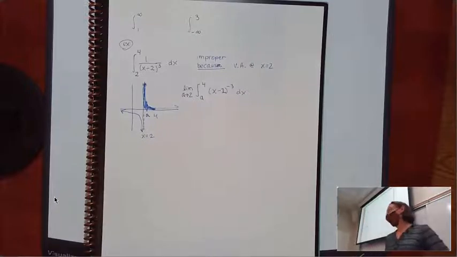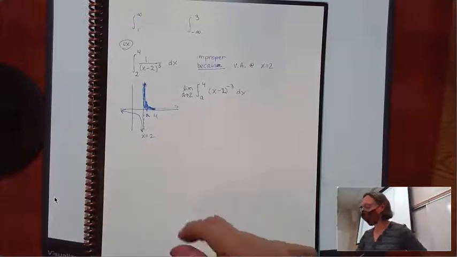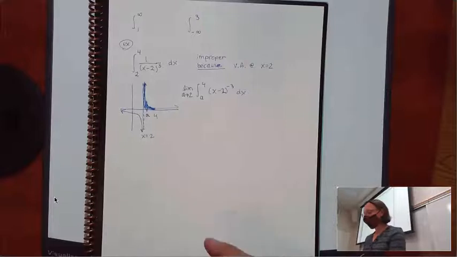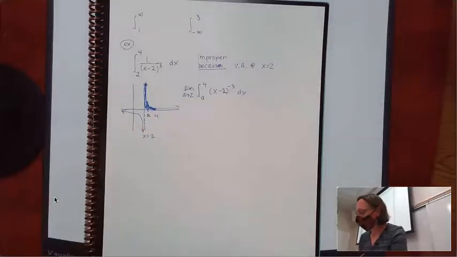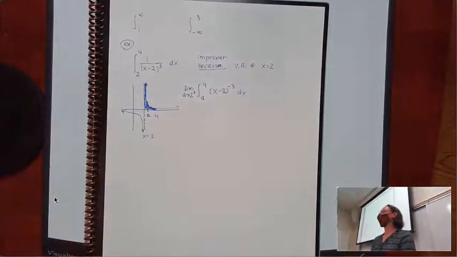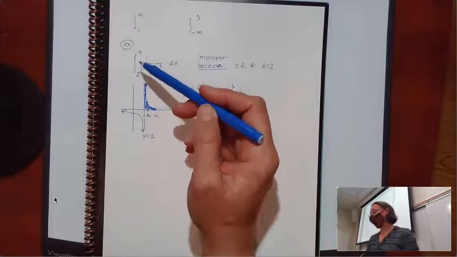So mathematically, we do want to either put a plus or a minus on it when we're dealing with a number. So if I think about all the numbers between 2 and 4, they're all on the right-hand side of 2. So that's how I know to put the plus there.